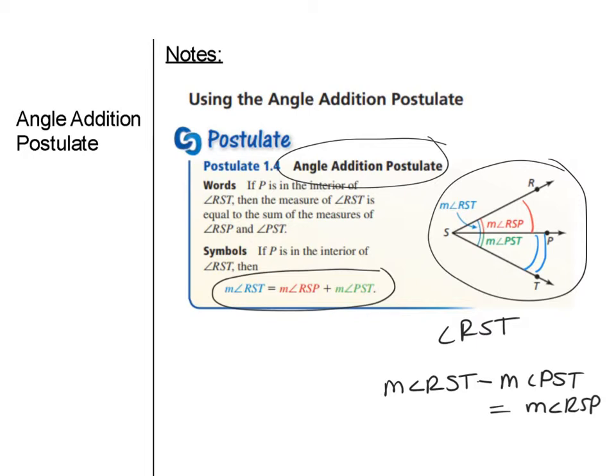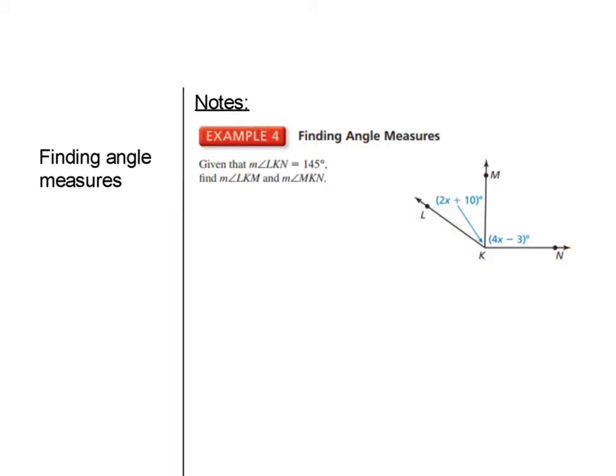A couple more practice slides and we're done. So this says finding angle measures. We have example 4 to look at. It says given that the measure of angle LKN is 145. So I always mark my diagrams. LKN is this giant angle, and that's 145. Find LKM.